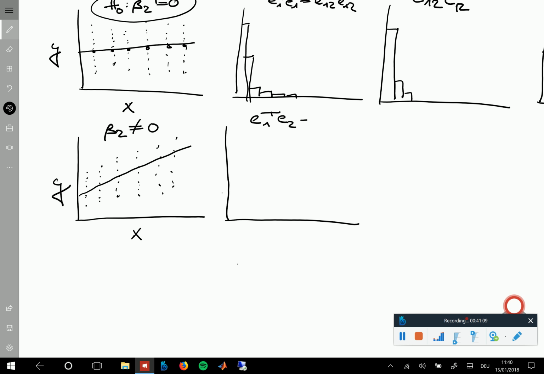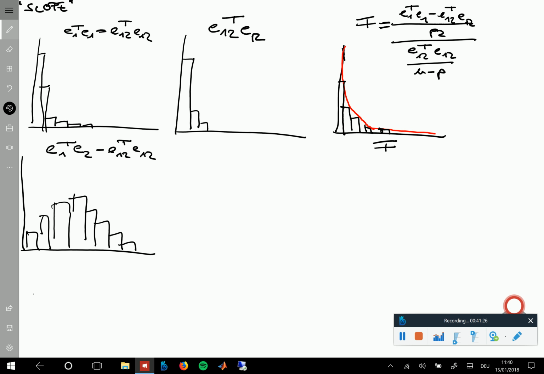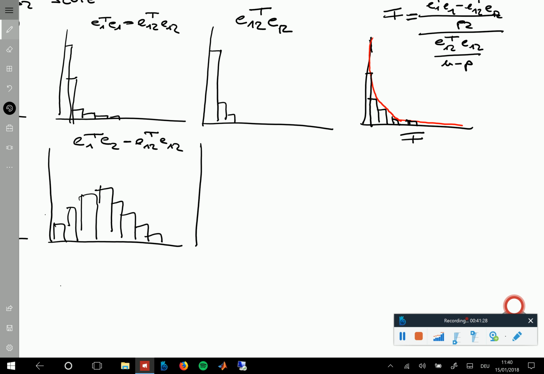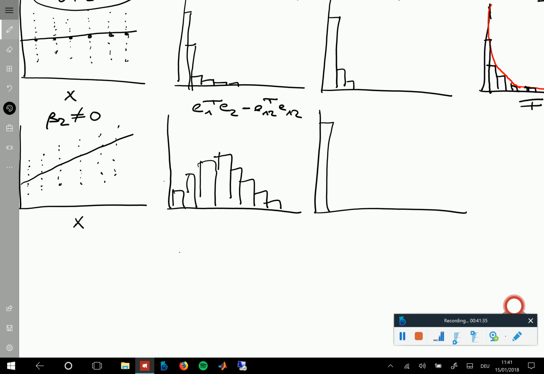And then you see that this reduction here now looks maybe a little bit normally distributed, but not really. I don't know what this should be. The epsilon 1, 2 actually still looks fairly focused on 0, which makes sense. So here you sometimes, of course, get quite large reductions, and that's maybe important.